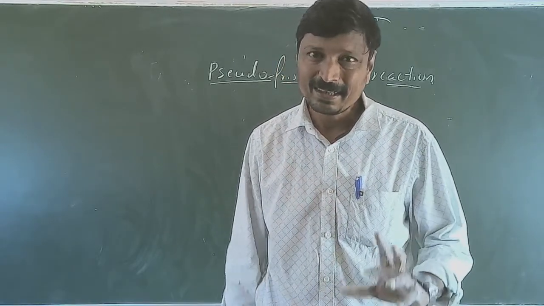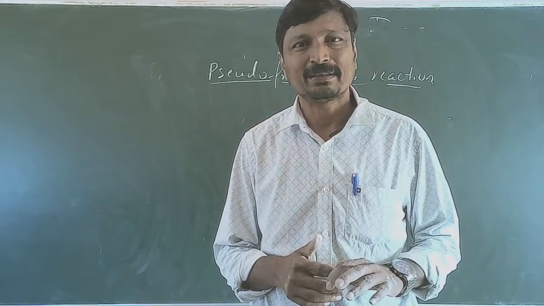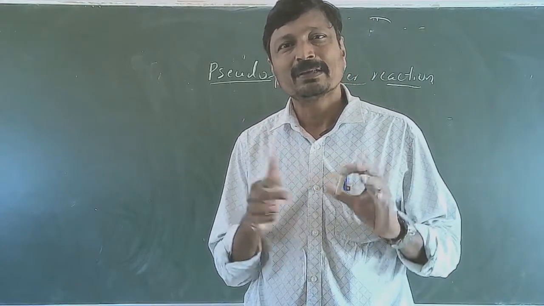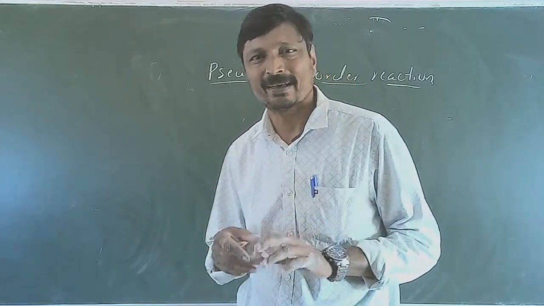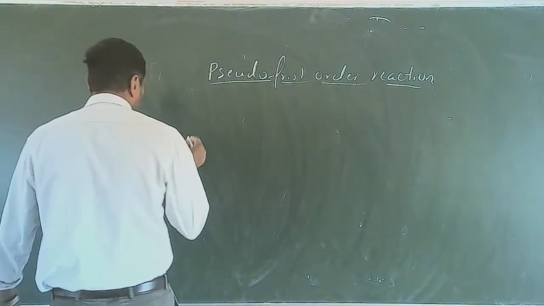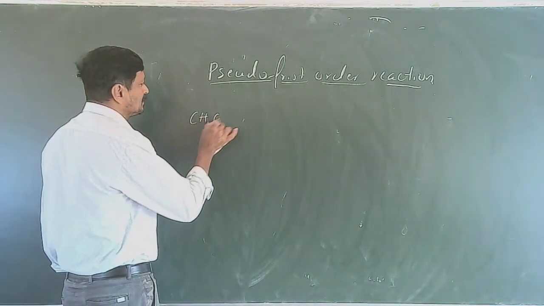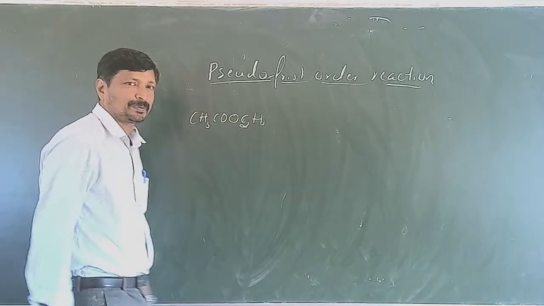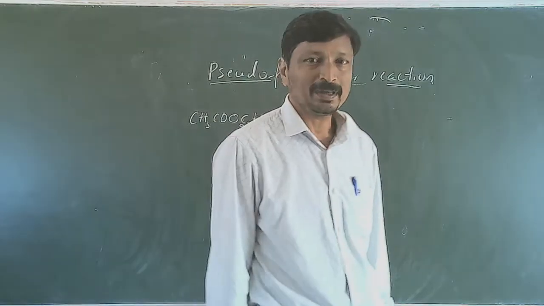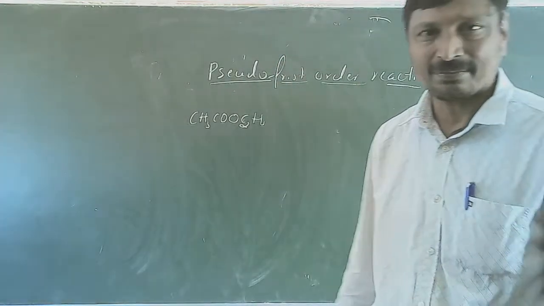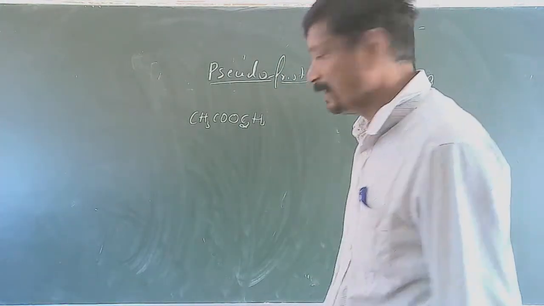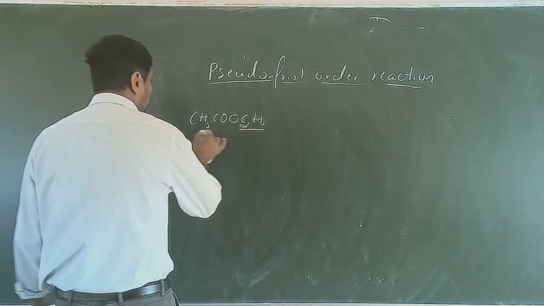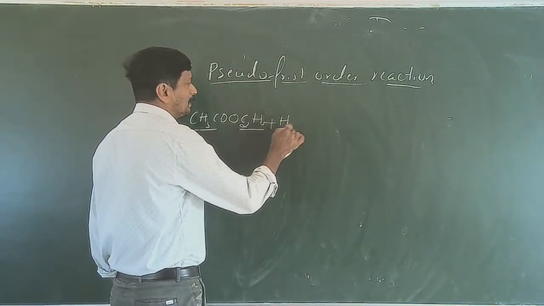We shall discuss one example here. What is this compound? CH3COC2H5. What is the class of this compound? It is an ester, ethyl acetate, plus water.